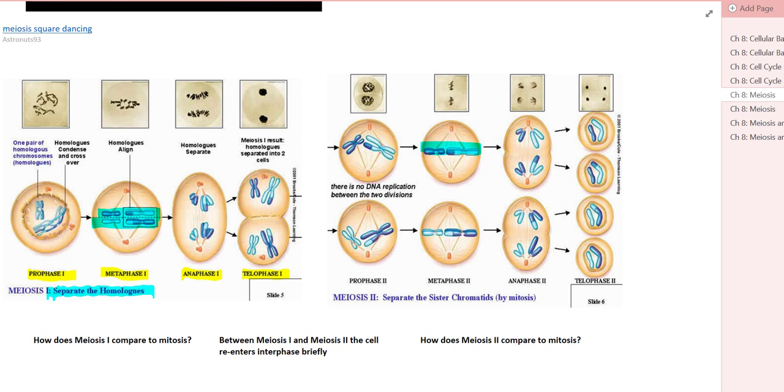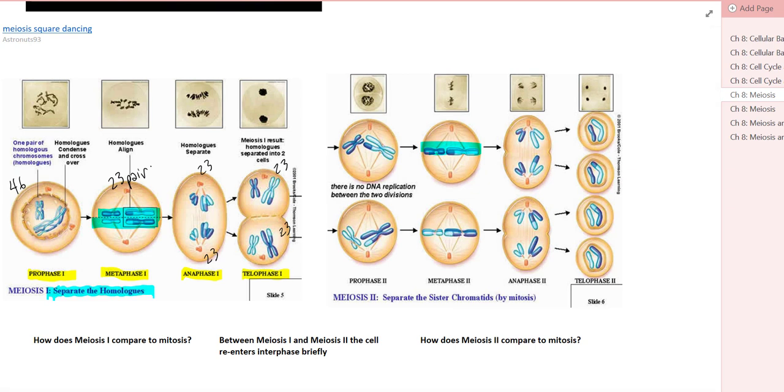So if it was a human cell and we had 46 chromosomes, they would be lined up as 23 pairs. When anaphase takes place, you would have 23 chromosomes going this way and 23 going this way. So these two daughter cells produced in round 1 are the first step in reducing the chromosome number.